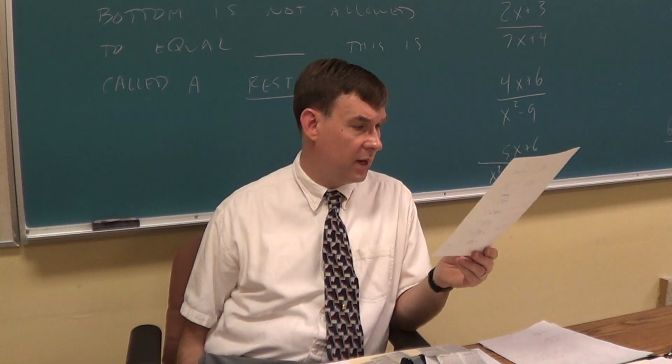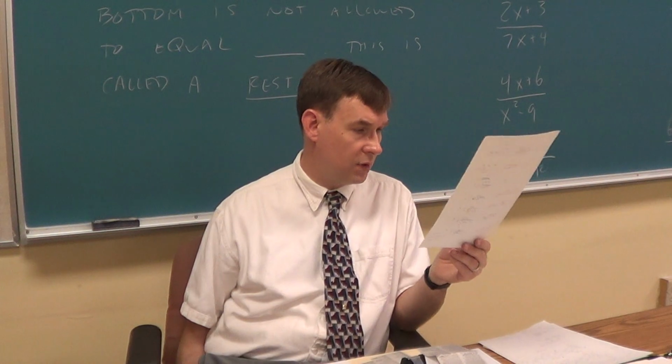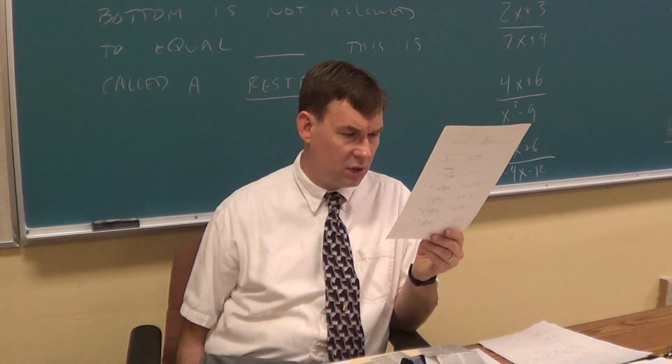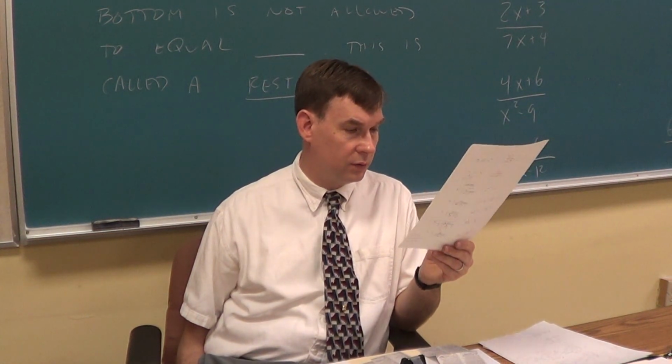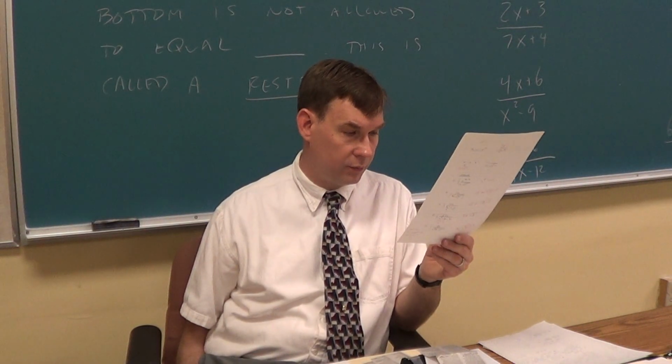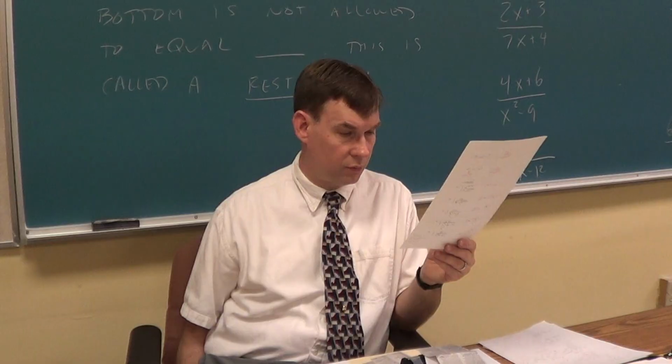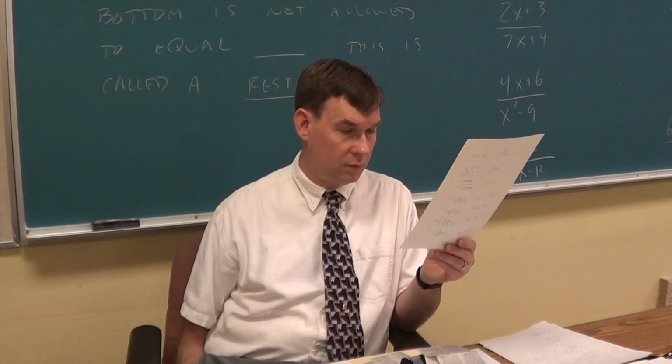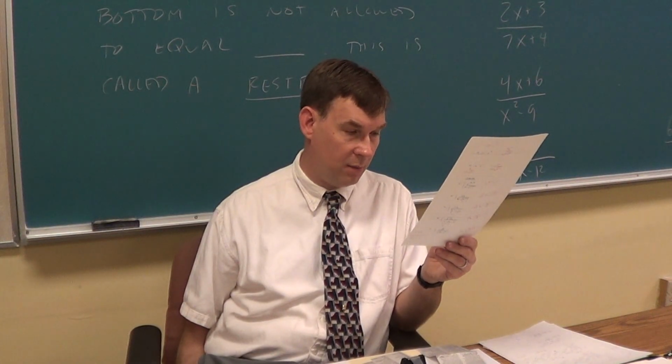Anybody need help with manipulating that one? 38. Did you have originally on top a 1/3? Bottom x squared over 9 plus a 1? Okay. Then the biggest bottom you have is 9, so multiply everything by 9.